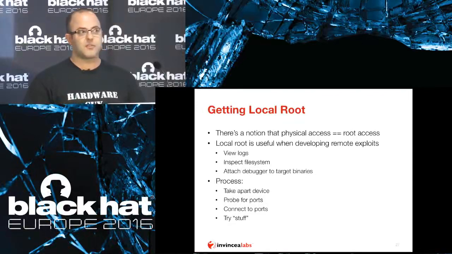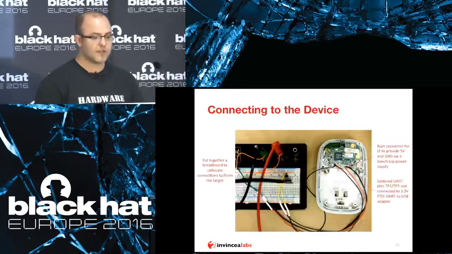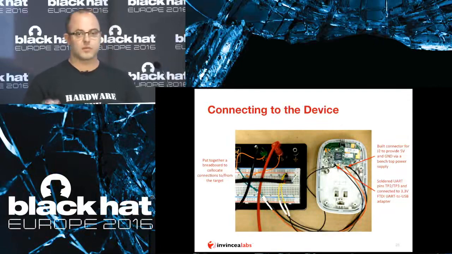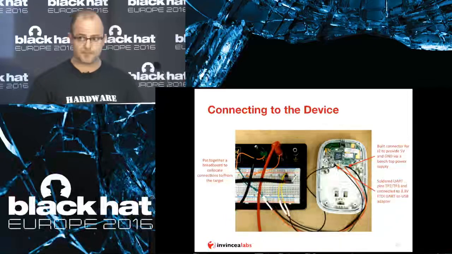What we ended up doing was popping the thing apart, hunting around for ports, connecting to them, and seeing what we could get from there. Thankfully, the OpenWRT community wanted to get a vanilla OpenWRT running on this device, and they'd already done some of the legwork to find out what the ports do and what the connector pinouts were. So thanks to those guys.